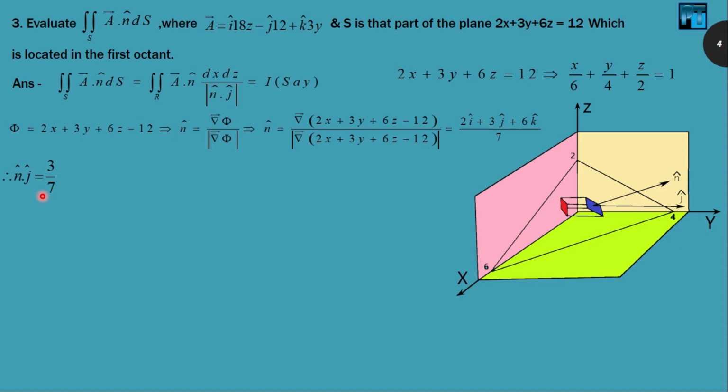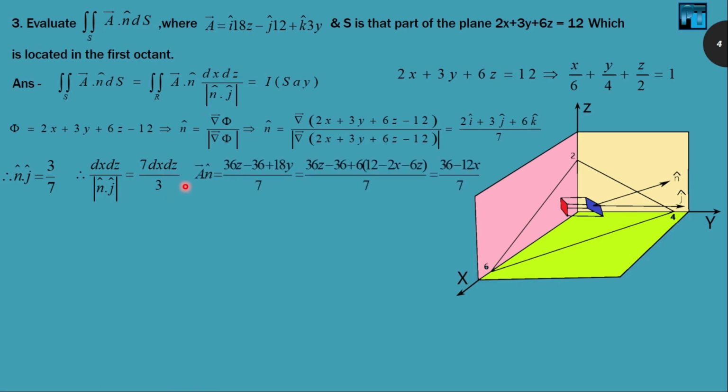If somehow this n cap becomes 2i cap minus 3j cap plus 6k cap by 7, what will be the value of n dot j? Minus 3 by 7. Then the mod of n dot j becomes 3 by 7, since it is positive now. And this dx dz by mod of n dot j becomes 7 dx dz by 3.